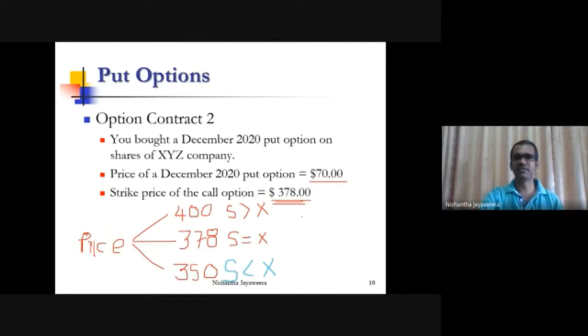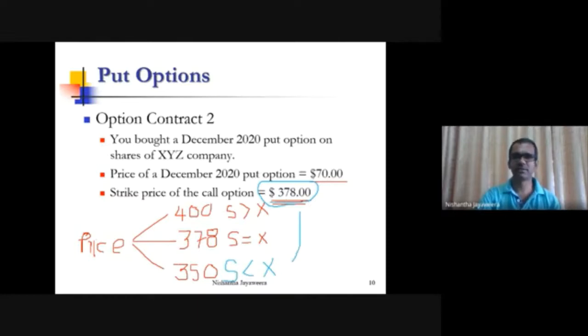If you exercise your right, you do the transaction at the strike price. So therefore, in this instance, you sell it at 378 when the market is 350.